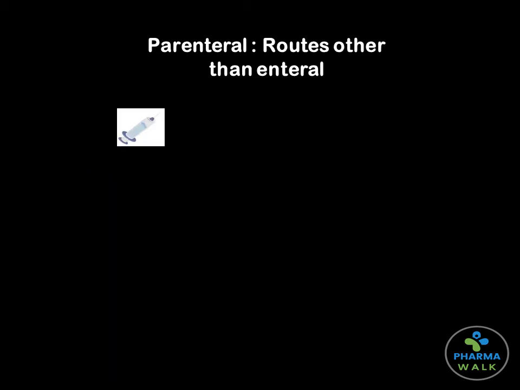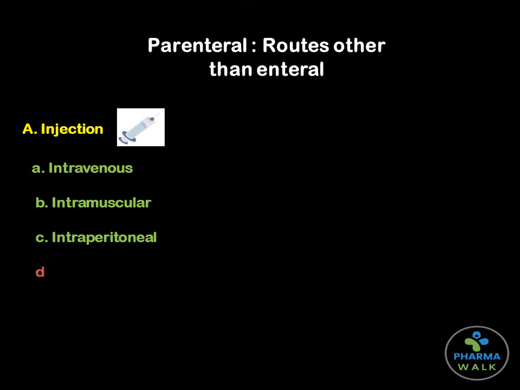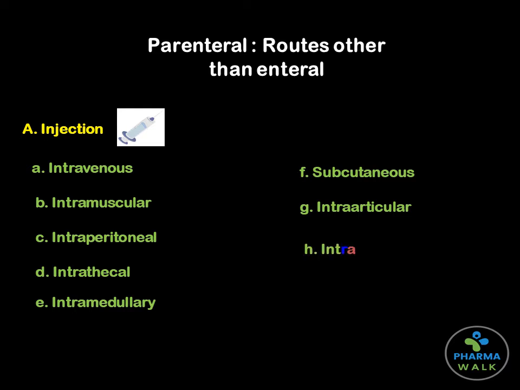So let's start with the first category, that is injection. It also has the sub-classification based on the site of injection. First, intravenous, intramuscular, intraperitoneal, intrathecal, intramedullary, subcutaneous, intra-articular, intra-arterial.